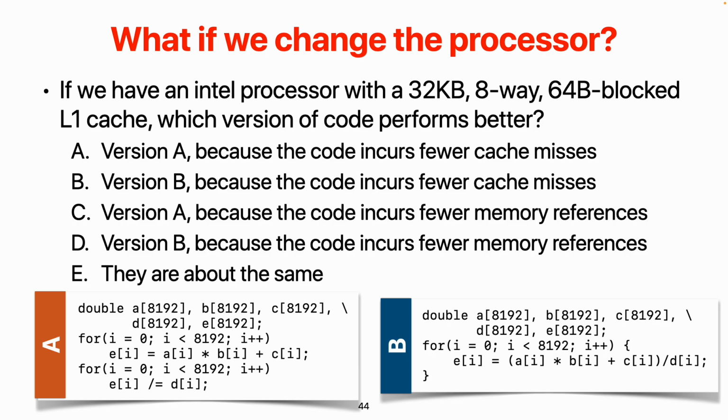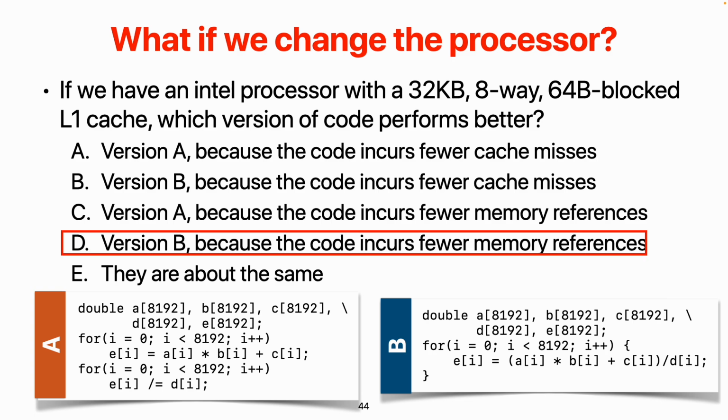So if CPI is about the same, what matters? Instruction count, right? So the left-hand side apparently has more instruction count, and the instruction count is contributed to by the increase in memory references. So that's why the answer is D, right?